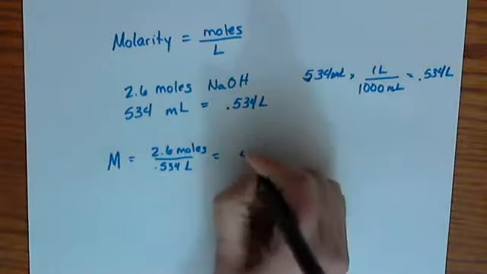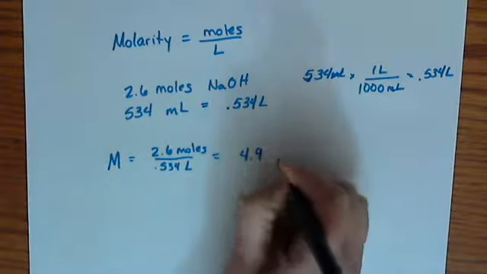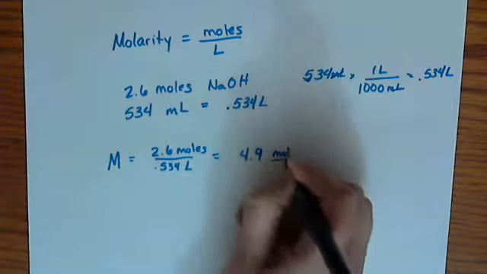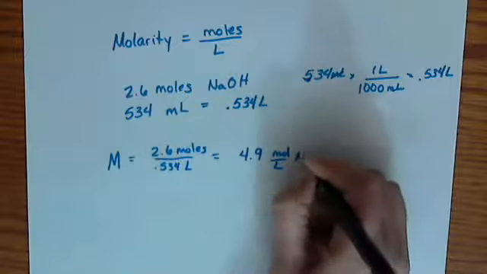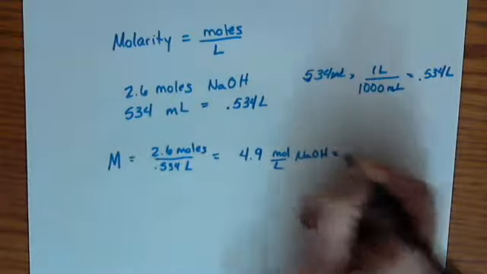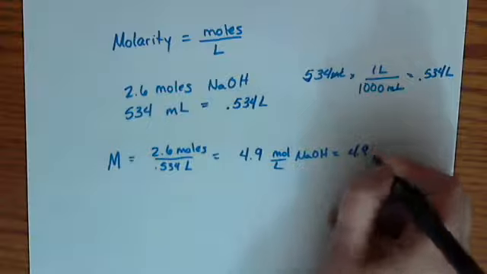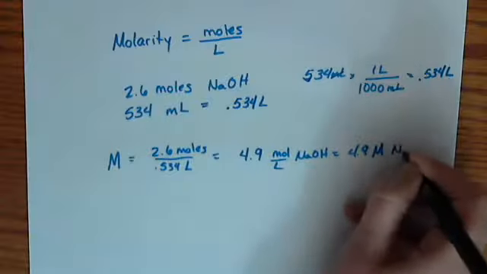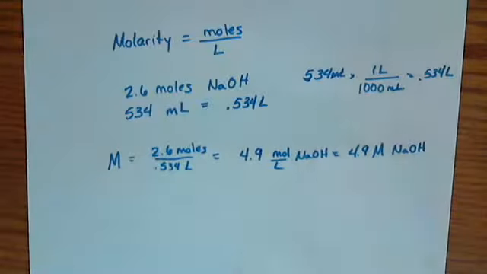You should come up with 4.9 moles per liter NaOH, or 4.9 molar NaOH. So that's how you're going to be calculating the molarity of a solution.